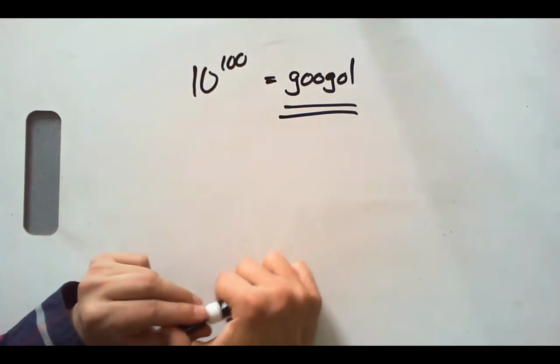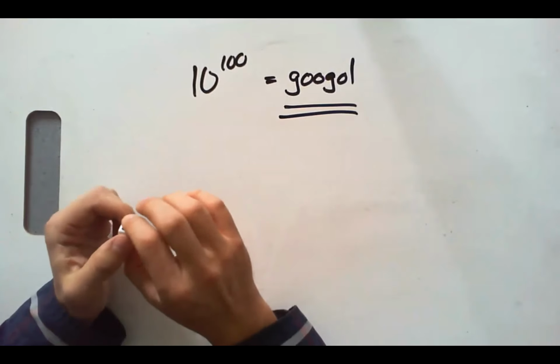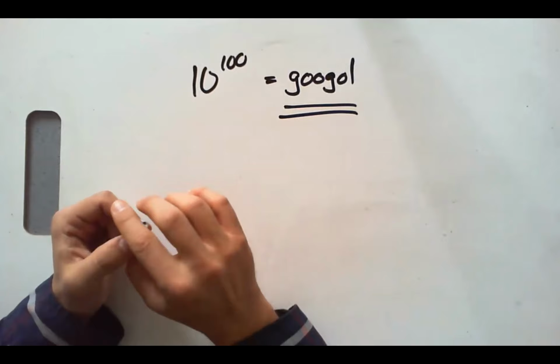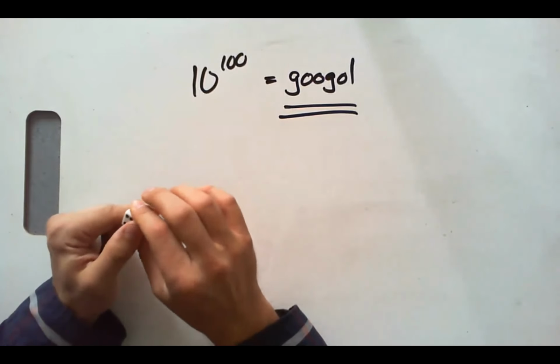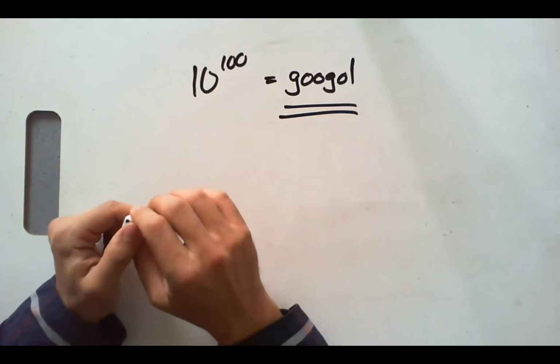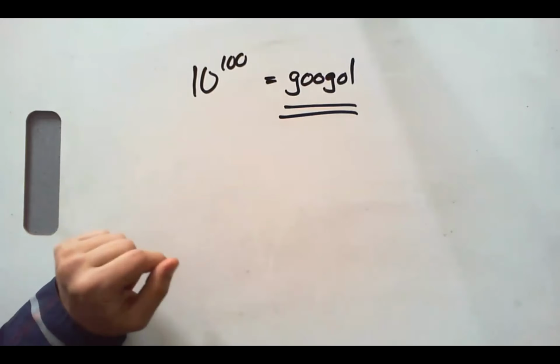It is about the number of grains of sand that could fit in the visible universe. Think about that. Not on Earth, not in the solar system, not in our galaxy. The number of grains of sand that could fit in the visible universe is comparable to 10 to the 100. That's a big number.